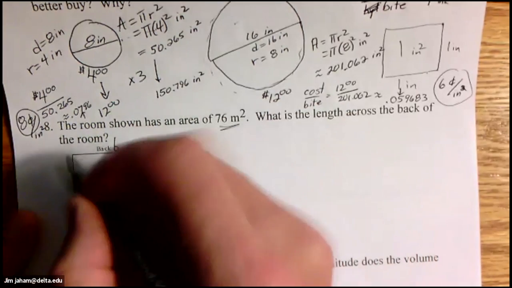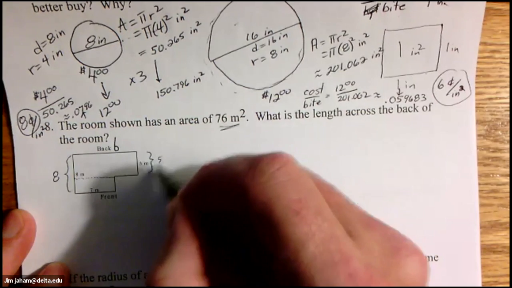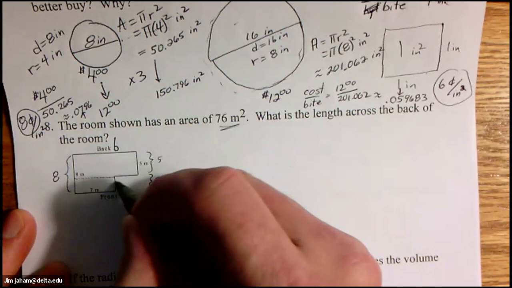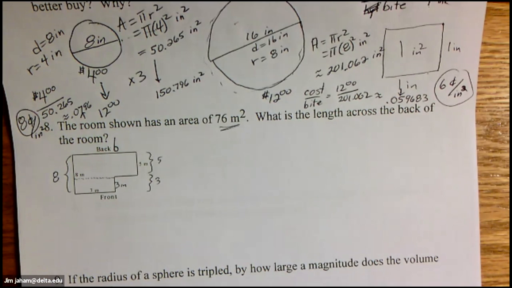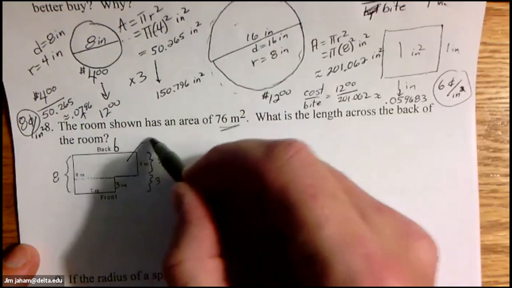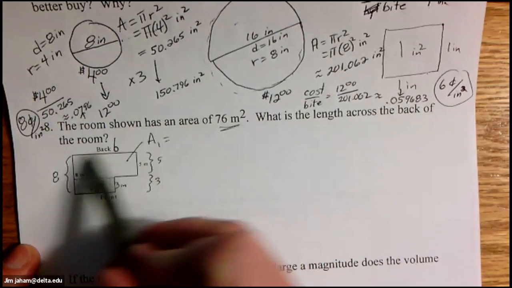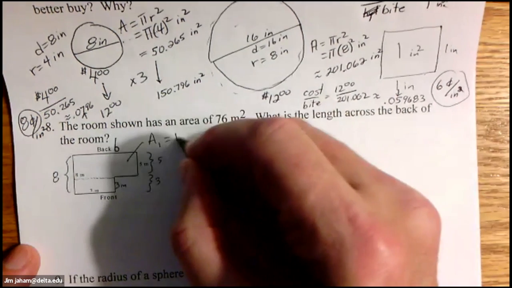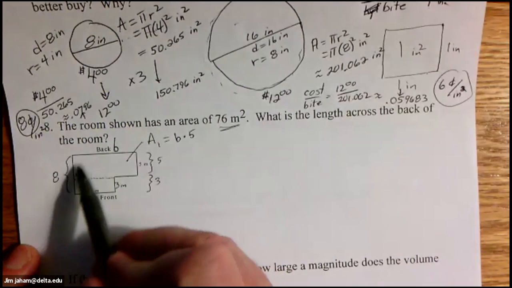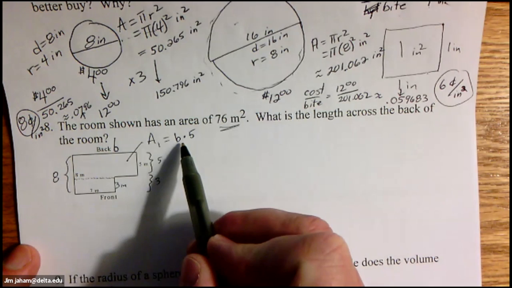All right, so this side over here is 8, and this side over here is 5. So that must mean this side here is 3 meters. Right? The area of this rectangle here is length, and I called that B, times width, which is 5. So B times 5. That's this area here. Don't know what B is, so I can't come up with a number.